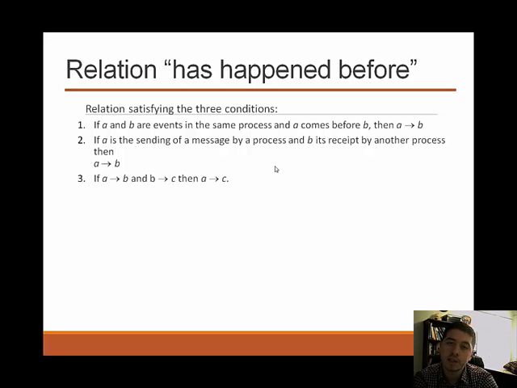So we can say that if A is the sending and B is the receiving, then A happened before B. Also, the third condition is that if A happened before B and B happened before C, then we can say that A happened before C. So those are the three conditions for the relation "happened before."